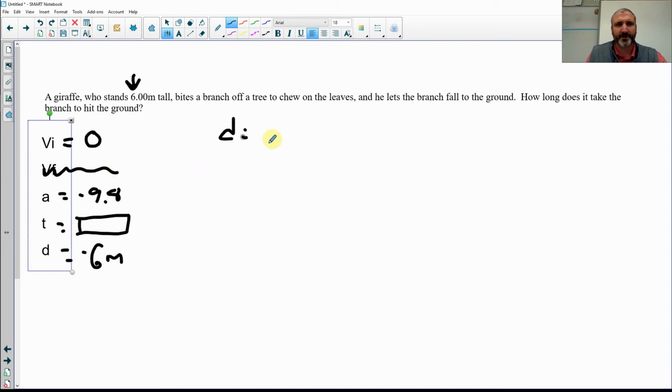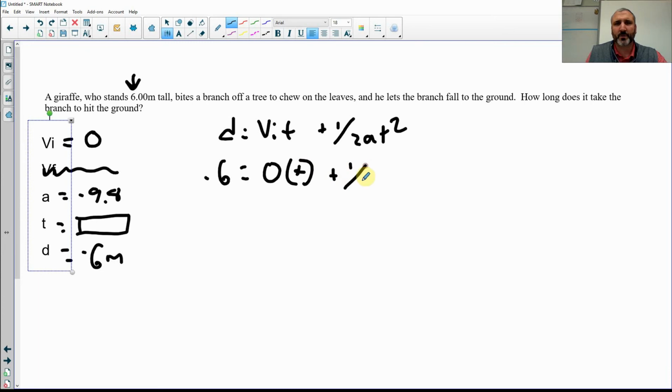Again, I think the equation to use is going to be D equals VIT plus 1/2 AT squared because we have a VI, A, T, and D. So we know the displacement is negative 6. The VI is 0 times T, which we don't know, plus 1/2 times negative 9.8 times T squared.